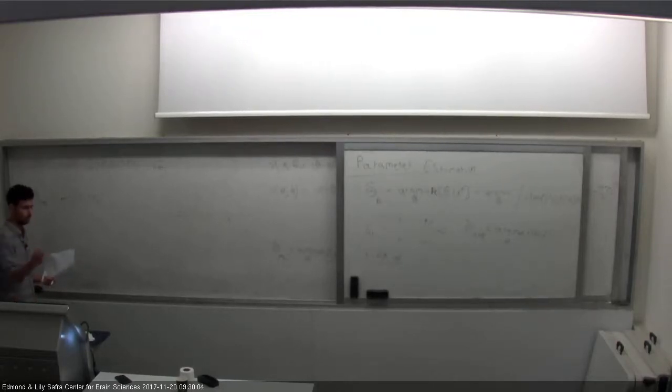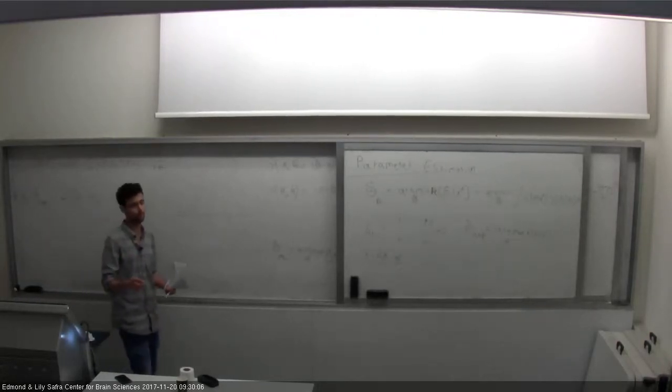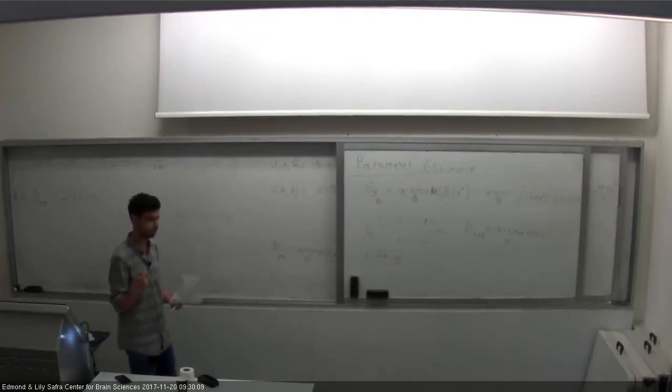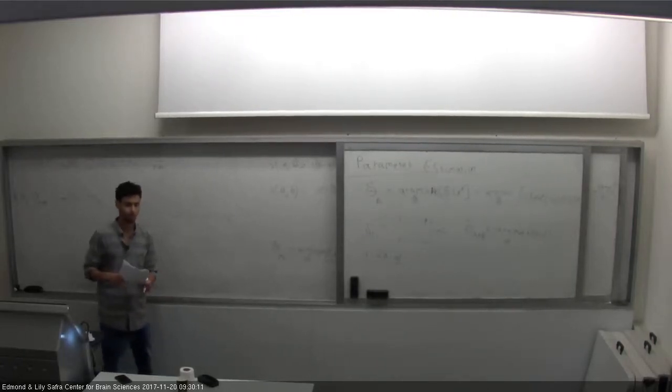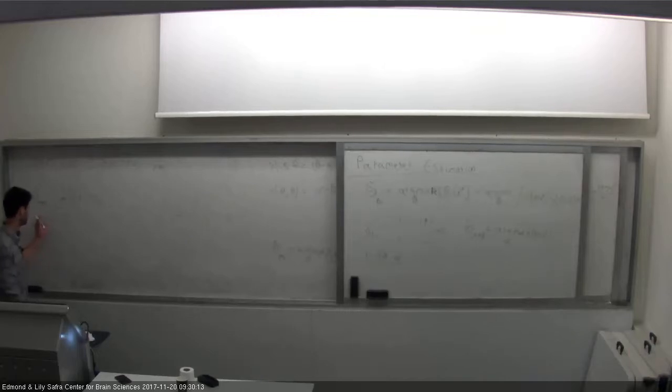And now I'm telling you that I have a prior that is Gaussian, and you can see that the MAP and all the estimators have this value.